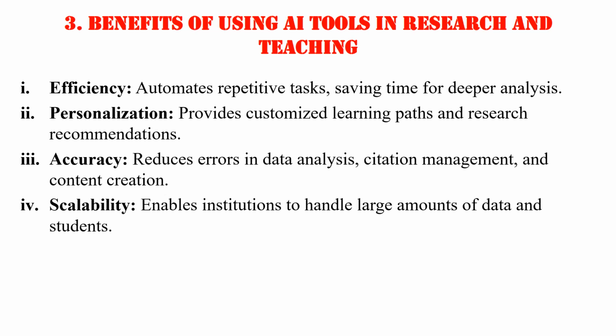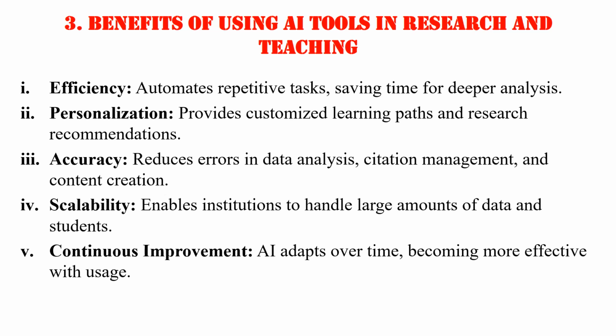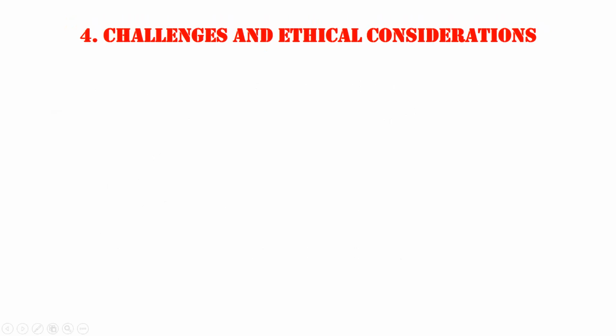Scalability is also a very important benefit, because most of these tools enable you and institutions to handle large amounts of data from your students. Then you also have continuous improvement. AI adapts over time, because they continue learning every day, provided that you are interacting with them. They become more effective in usage than the manual format.